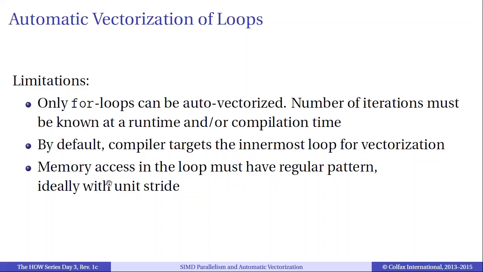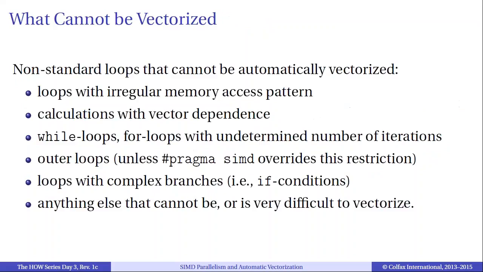But it will not vectorize loops with indirect memory accesses. For example, if you have A of B of i, where i is the loop index, this is not going to vectorize. And in some cases the compiler will not try to vectorize when you have an irregular memory access pattern where you have vector dependence. I will discuss it in a second.